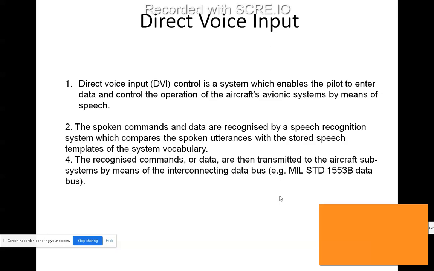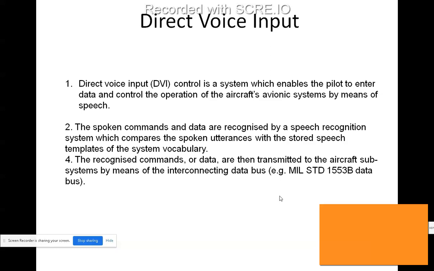Direct voice input control is a controlling system which enables the pilot to enter data and control the operation of the aircraft avionics system by means of speech. So on hearing the voice, the pilot is able to do the operation, that is, control and get the data from the remaining subsystems.